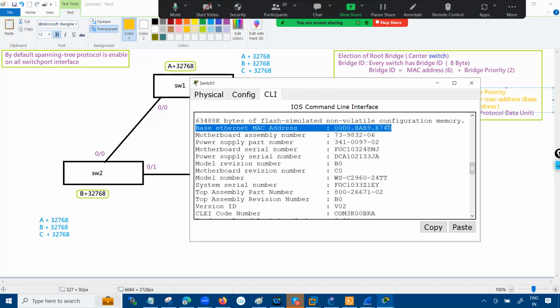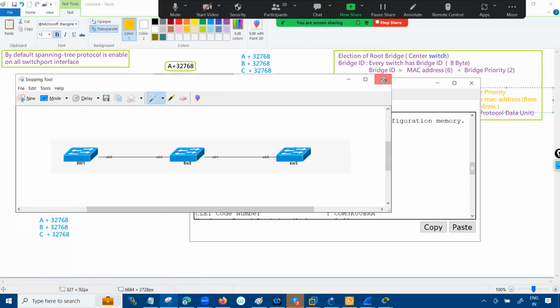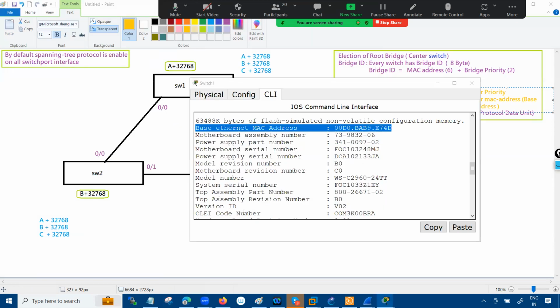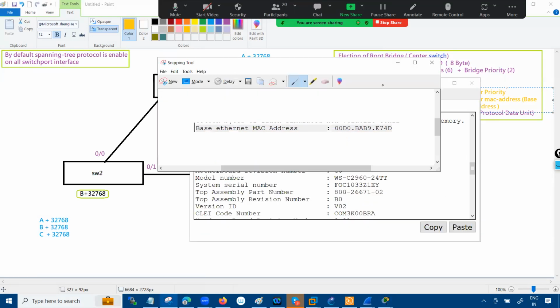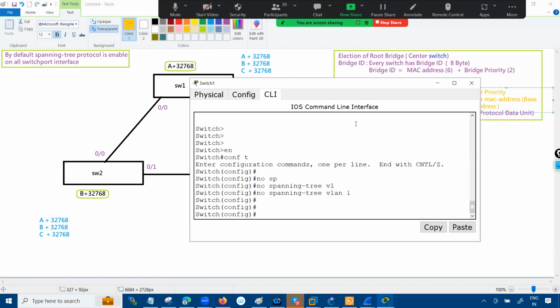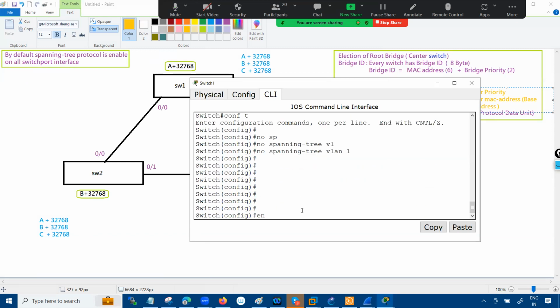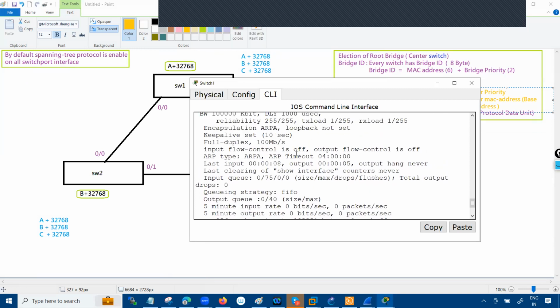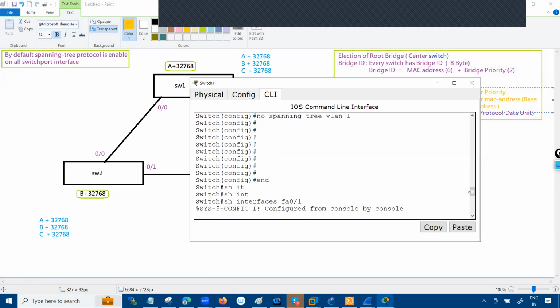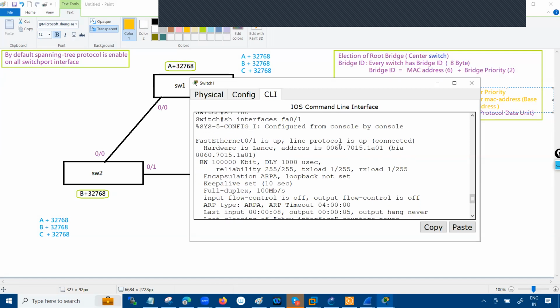If you look at the interface, I'll show you that as well. Let me take a look at this one. If you look at any interface, say interface 0/1, you can see that this is the interface MAC address.